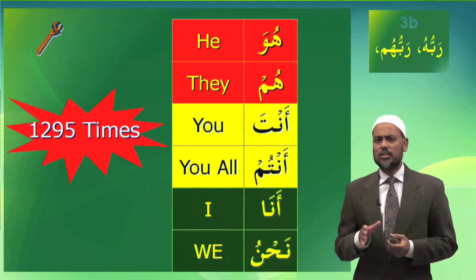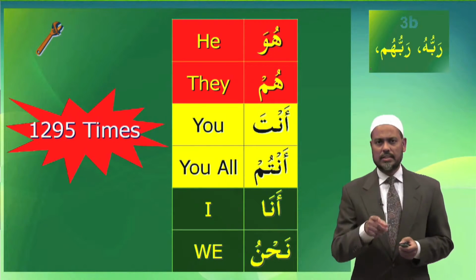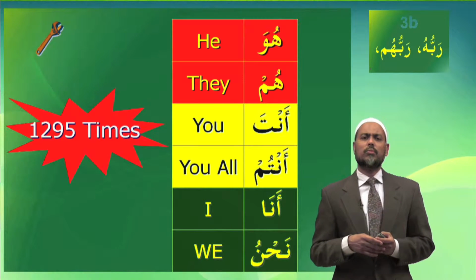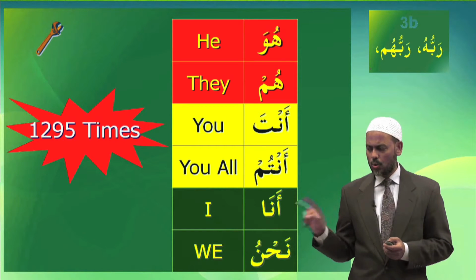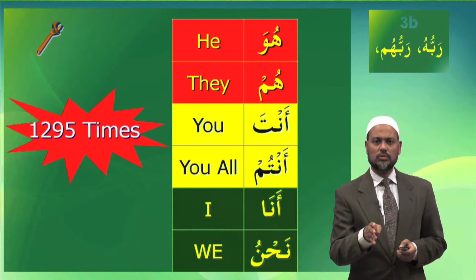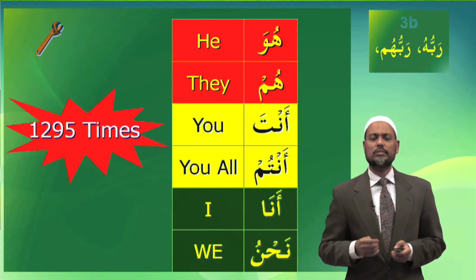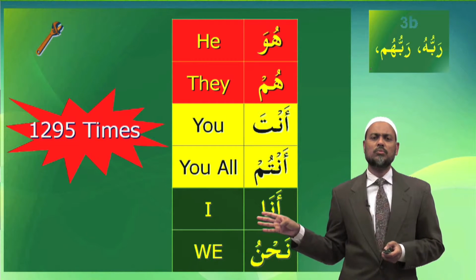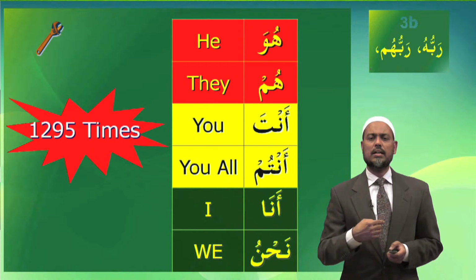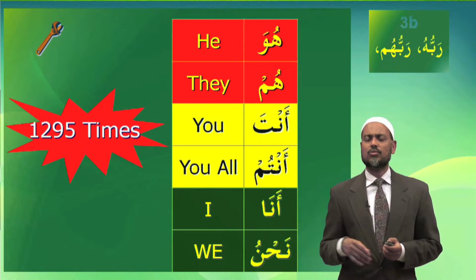We have learned 6 words in the beginning: huwa, hum, anta, antum, ana, nahnu. Can you repeat after me? Huwa, hum, anta, antum, ana, nahnu. Can you translate?